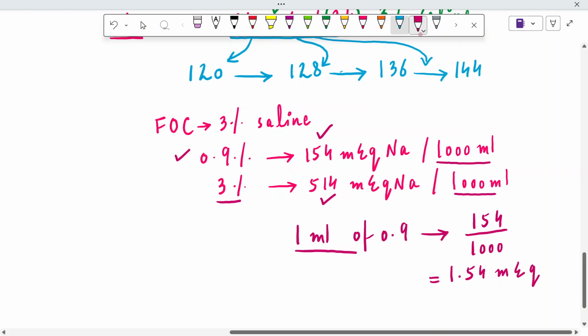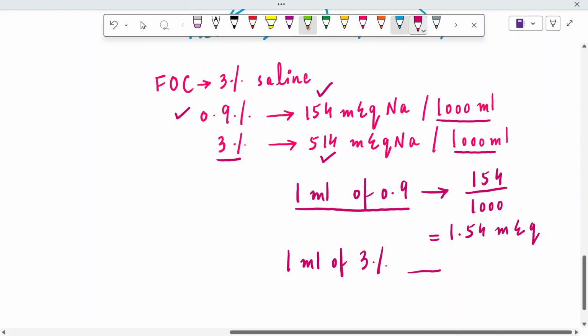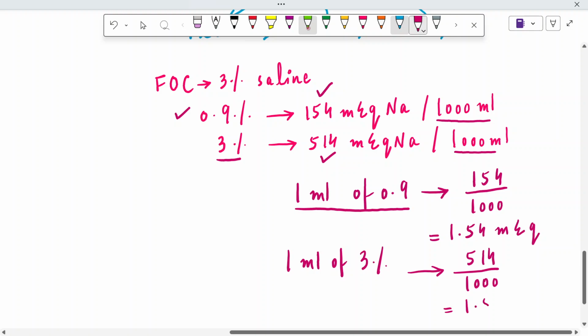But what about the 3% saline? 1 ml of 3% saline will contain 514 divided by 1000, so it comes out to be 0.514.